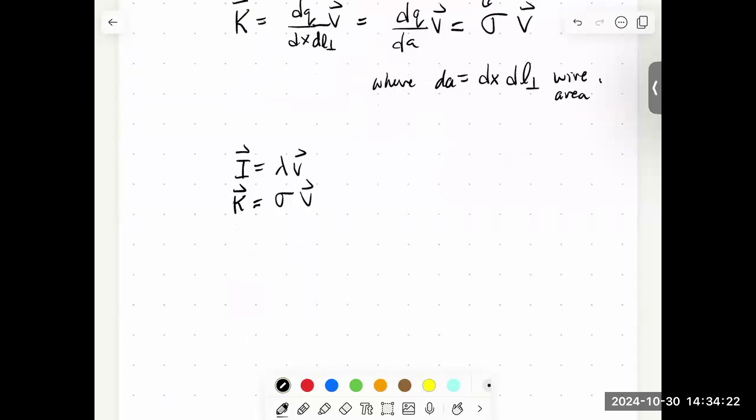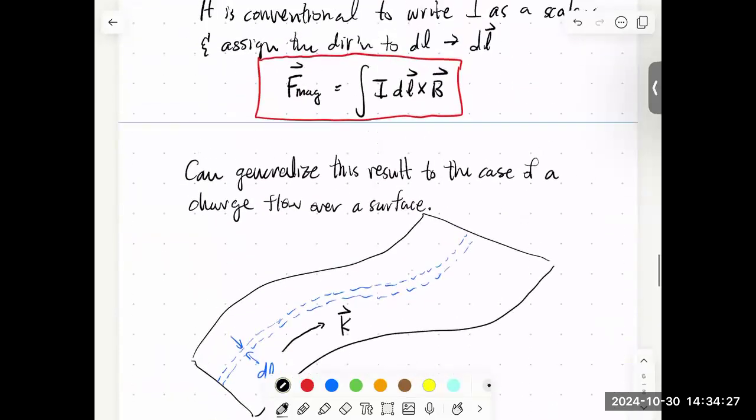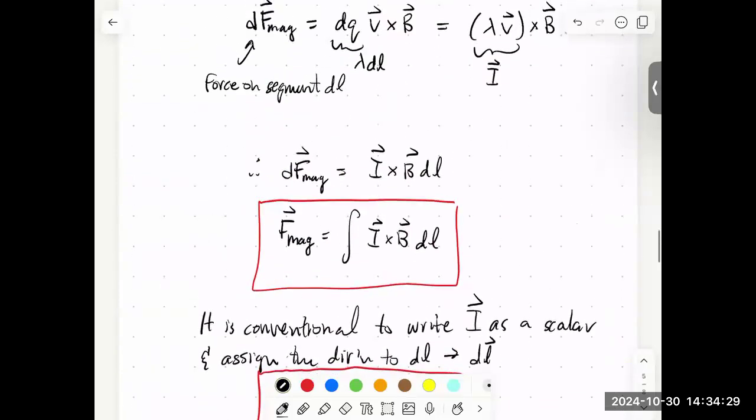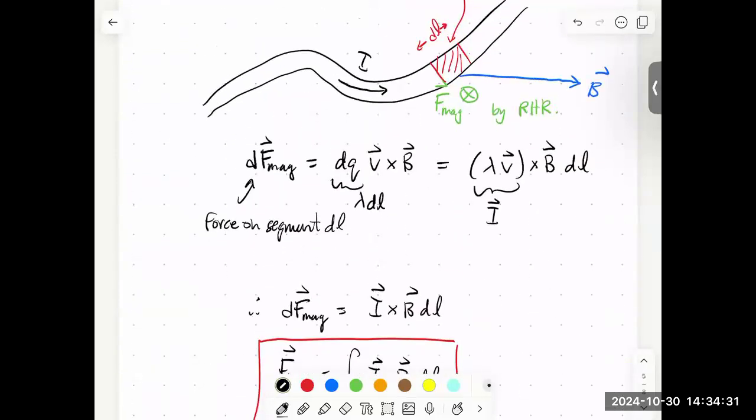Right. So then if we were to do this force calculation for our surface charge density, we want to do the same sort of analysis we did before. We'll start with dq v cross B and see where it leads us.